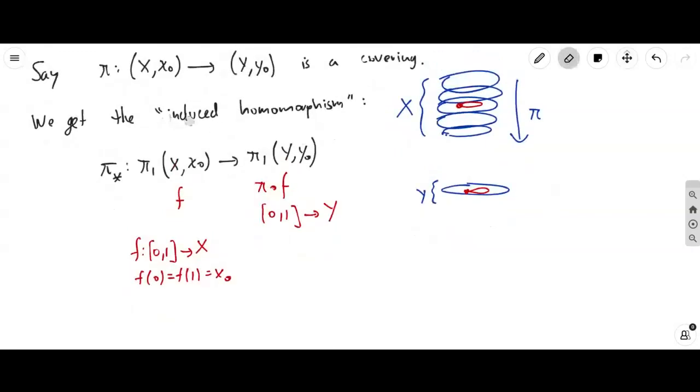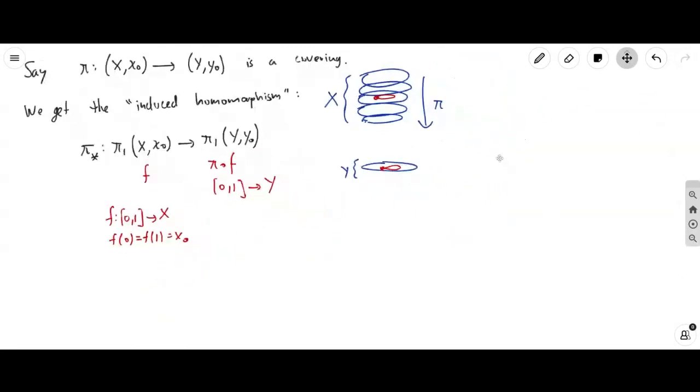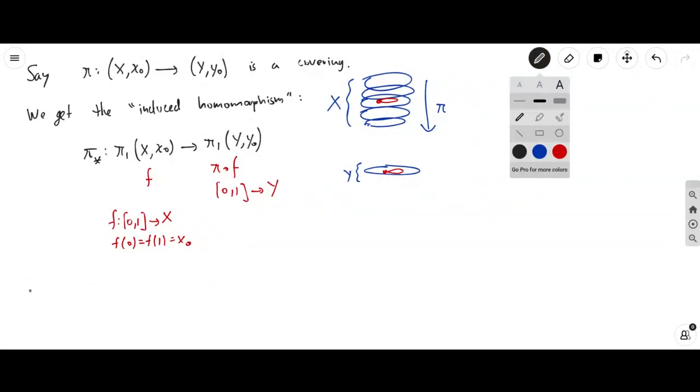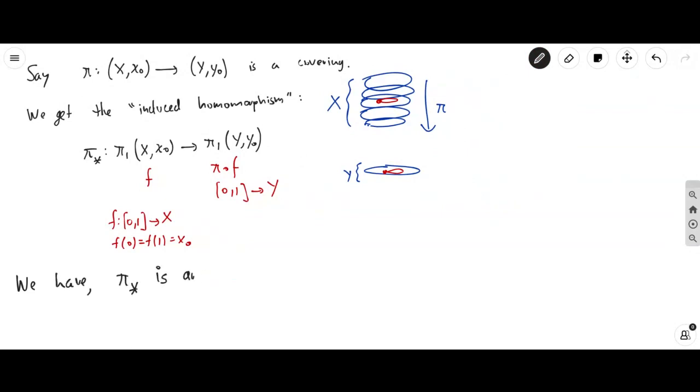You actually have an induced homomorphism for any continuous mapping, not just a covering. But when you have a covering, you have a special property: pi star is an injection. This is an injective mapping.